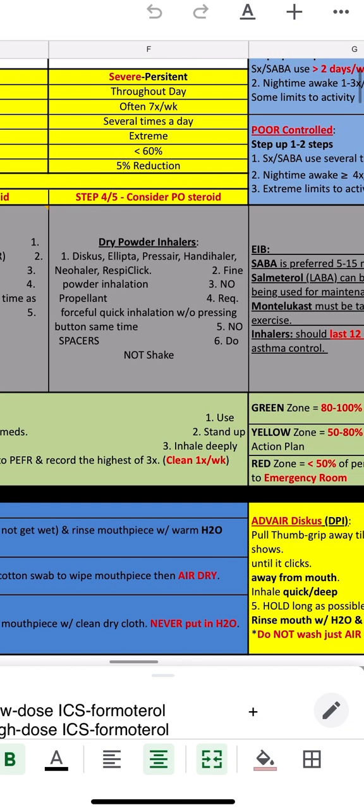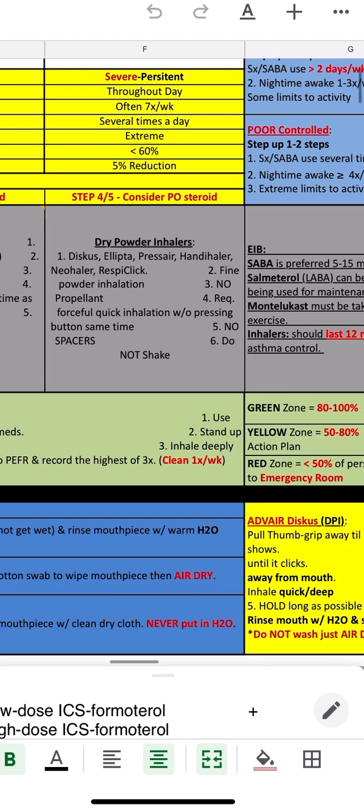Dry powder inhalers such as Diskus, Ellipta, Pressair, HandiHaler, Neohaler, RespiClick. Fine powder inhalation, no propellant, requires forceful quick inhalation without pressing a button at the same time, no spacers, do not shake.